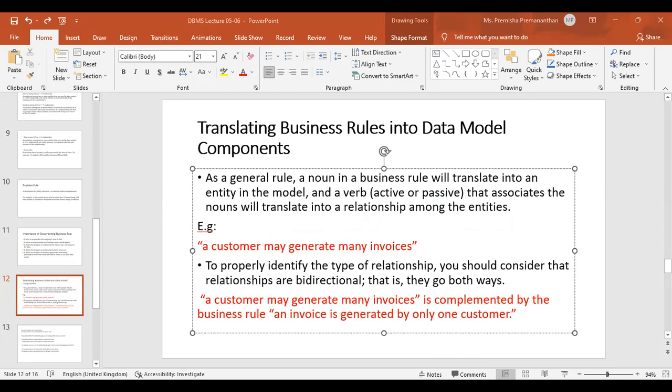Here, what's the relationship? Okay, so one to many, because one lecturer can teach many students, and from the next perspective, one student can learn from one lecturer as well. You have to think about both perspectives.